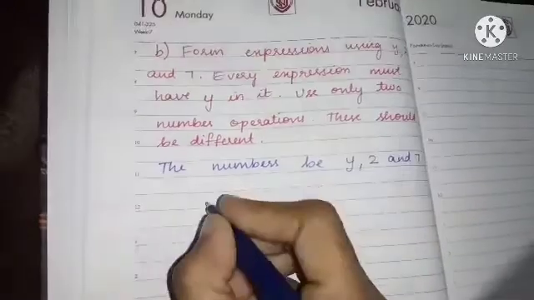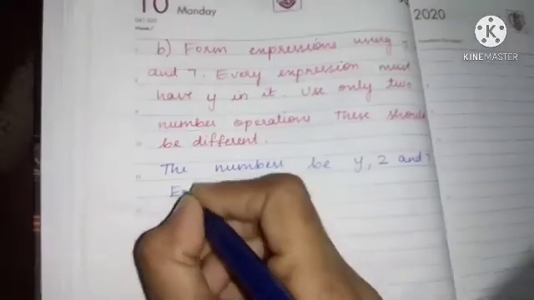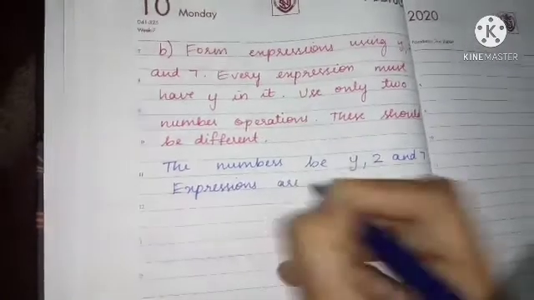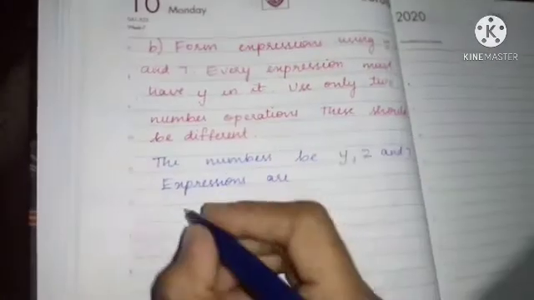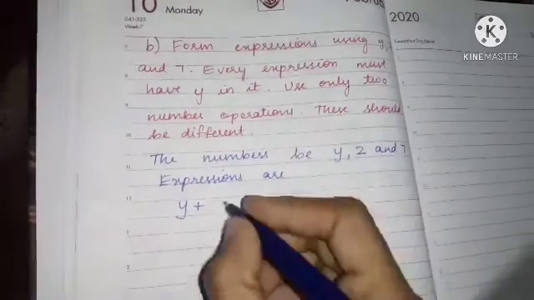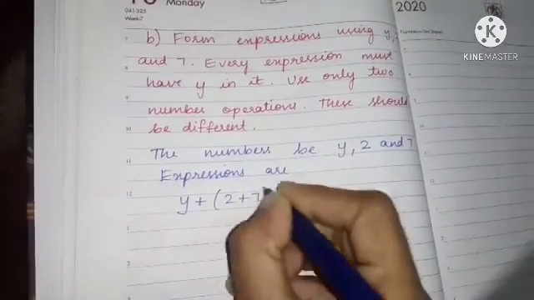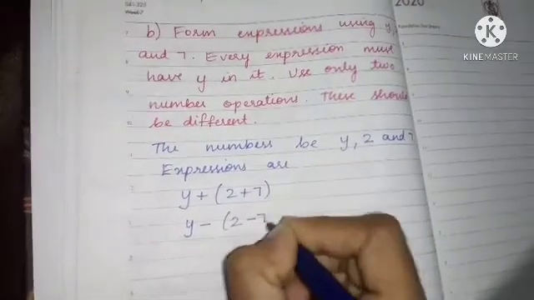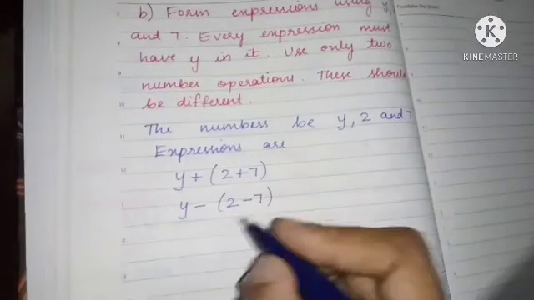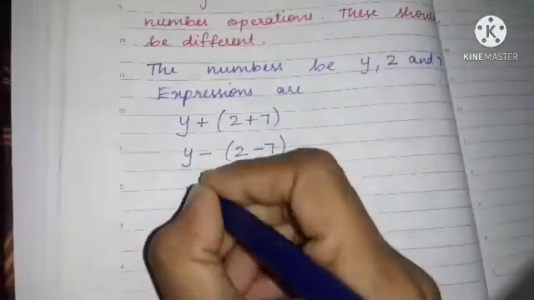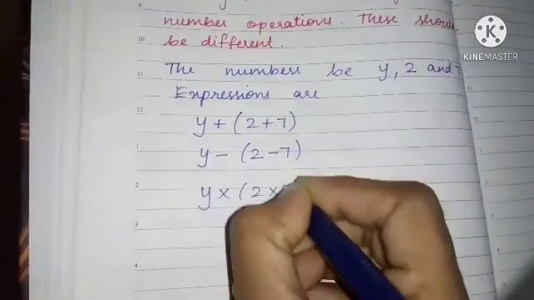So using these three numbers we are going to frame the expression. See, y plus 2 plus 7, then y minus 2 minus 7. Next, we can frame many things actually, children. y into 2 into 7.